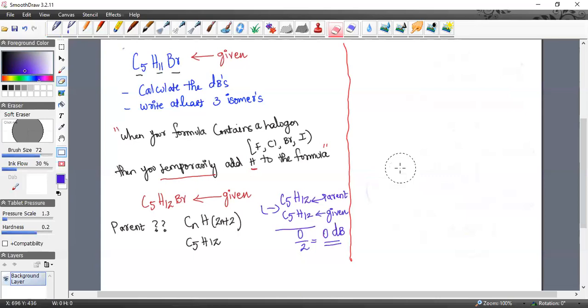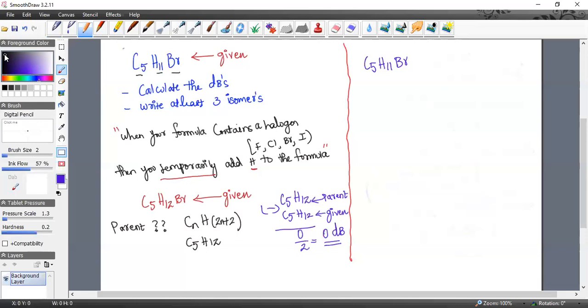If you remember our lesson back when we calculated double bonds in an alkene or alkyne, this is exactly the way we did. We always use the general formula of an alkane to calculate the parent compound. So that means you go back to your actual formula, which is C5H11Br, right? Now keep in mind, we added the hydrogen temporarily if it is a halogen to determine the molecular formula.